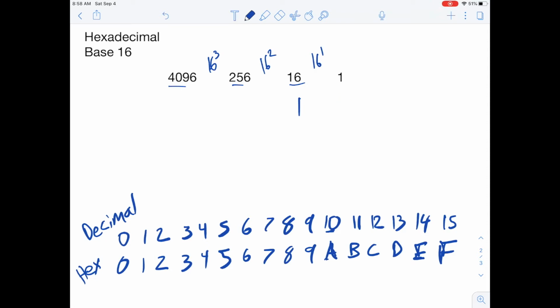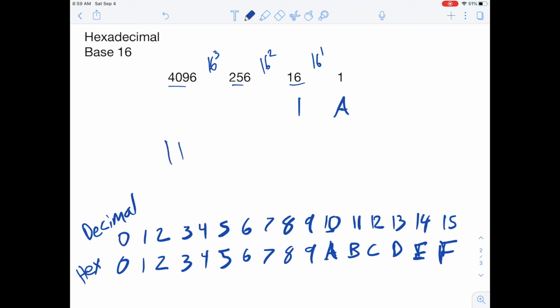Sixteen, 17, 18, 19, 20, 21, 22, 23, 24, 25, 26.